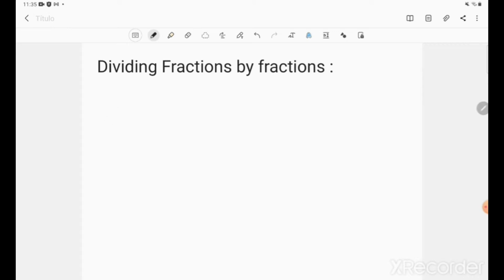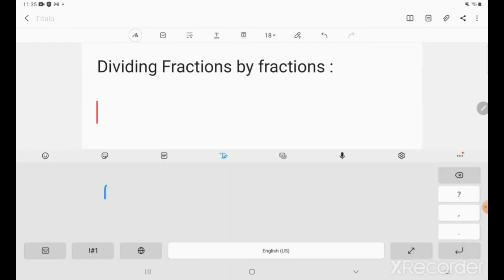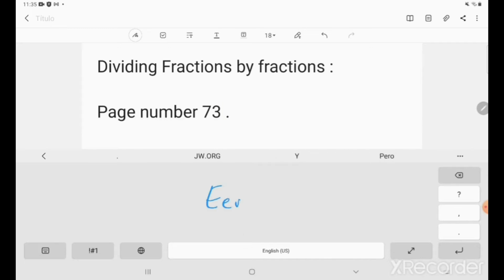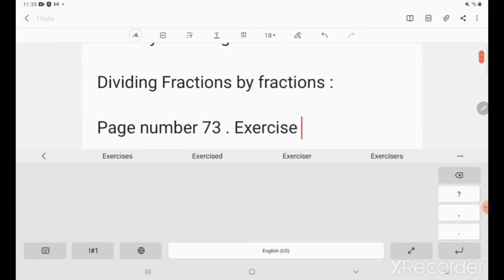Okay, page number 73, and exercise number 1.